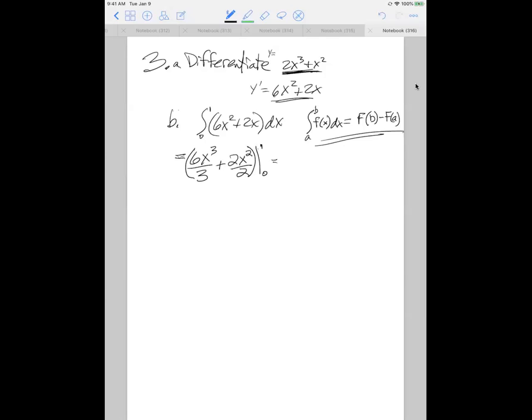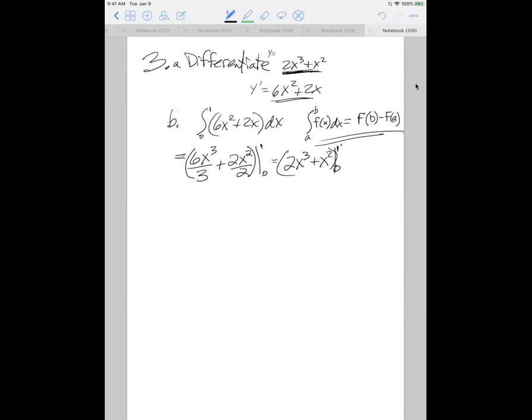So let's plug in 1. 6 times 1 cubed over 3 plus 2. Pardon me, let's simplify this first. What we've got here is 2x to the third plus x squared, taken from 0 to 1.